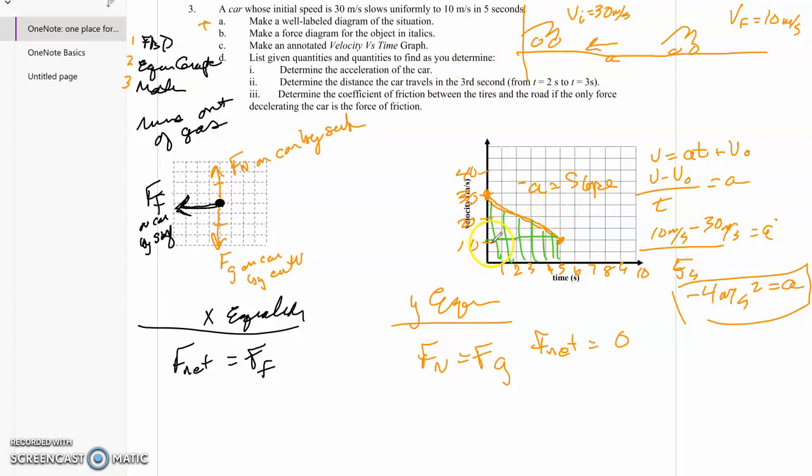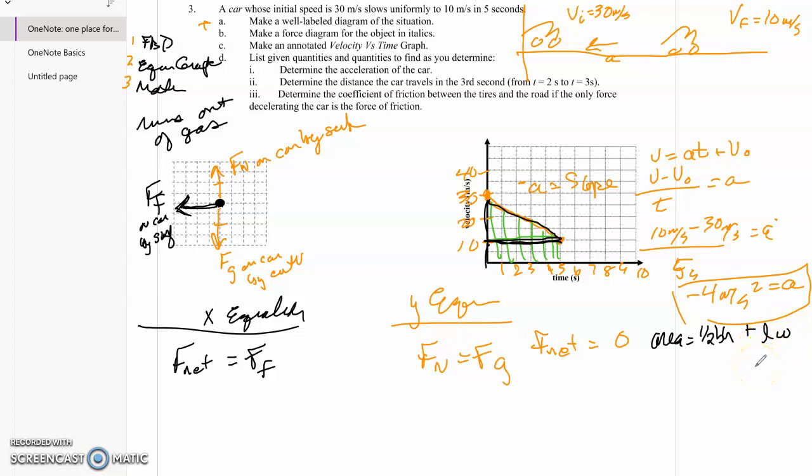We could say maybe 1/2 if I wanted to find the area under here, which is how far it's gone, right? So the area equals 1/2 base times height, plus length times width, okay?